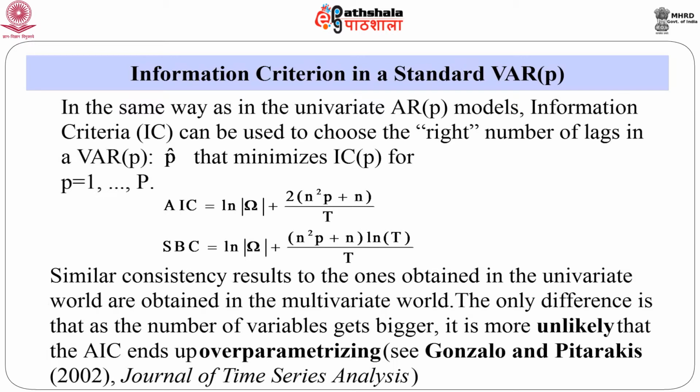Now, in order to determine the lag length of each of the equations, you can use information criteria. Now, the most well known accepted information criteria are the Akaike information criterion and the Schwarz-Bayesian criterion, and we can estimate the Akaike information criterion and Schwarz-Bayesian criterion to test the optimum lag length of each of these equations.